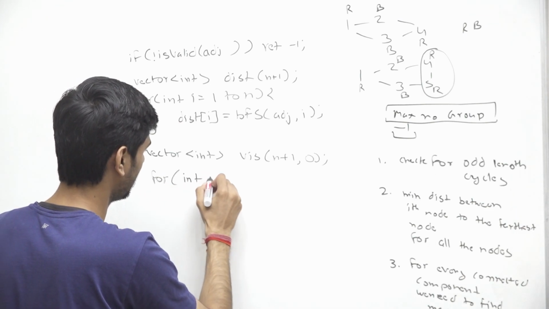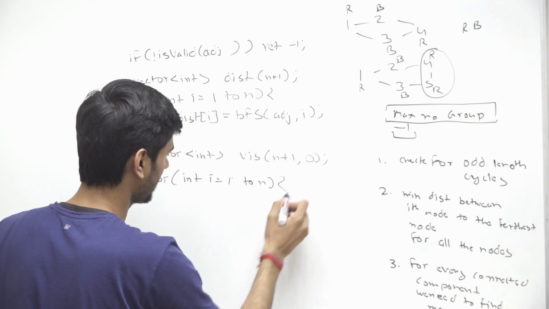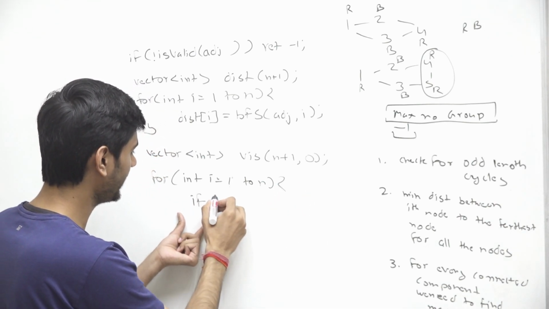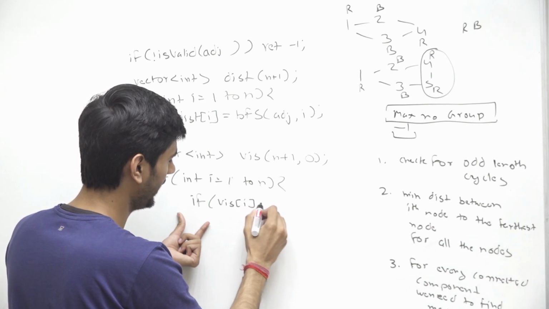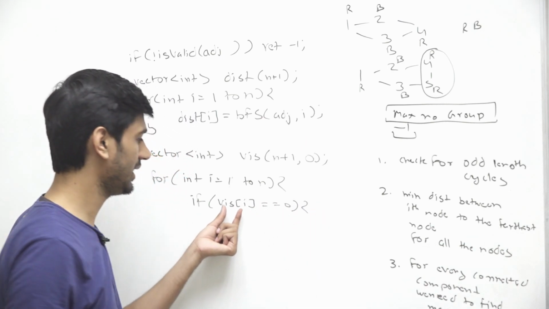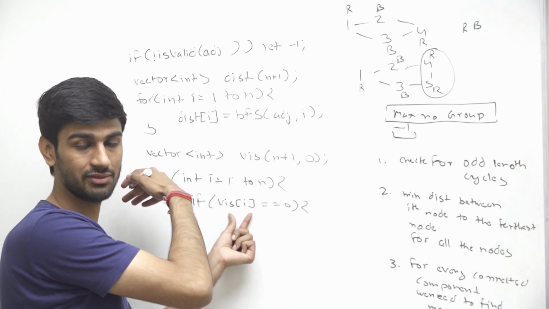We can start from 1 and go till n. If visited of i is still 0, in that case we can say that the ith node is not visited yet, right? That means it was not a part of any component which we have already visited.